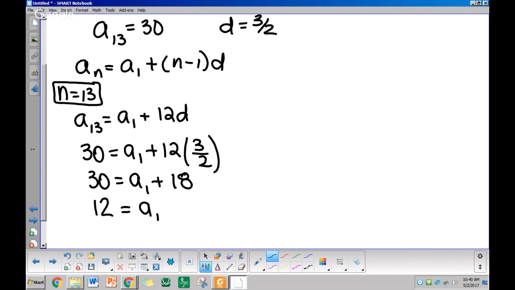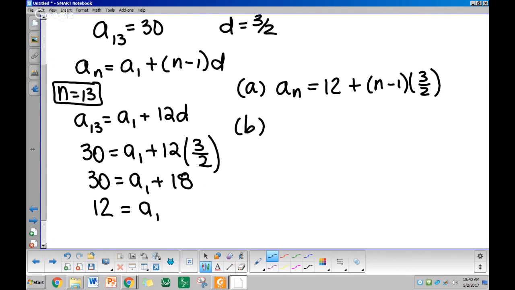But I am on the hunt for the nth term. So a sub n for this sequence is going to be, now I know a sub 1, so it'll be 12 plus n minus 1 times my common difference, which was 3/2. And then how about we find something less bizarre like a sub 23, the 23rd term.